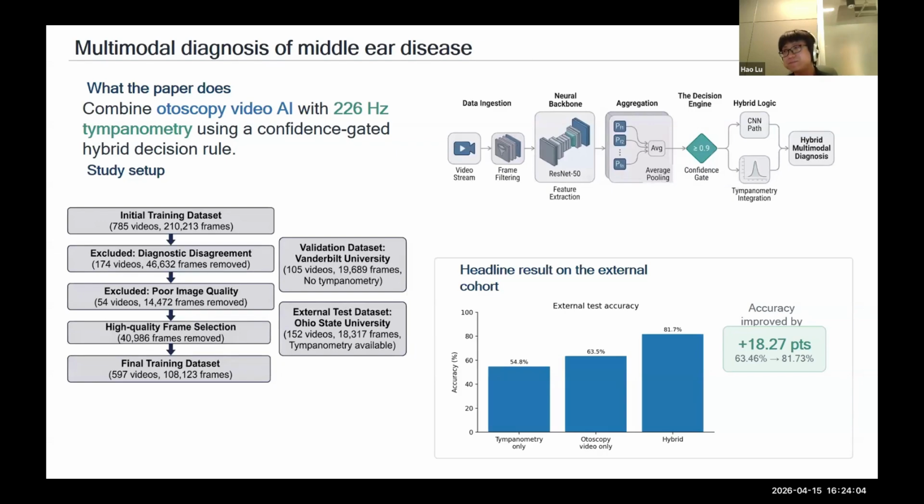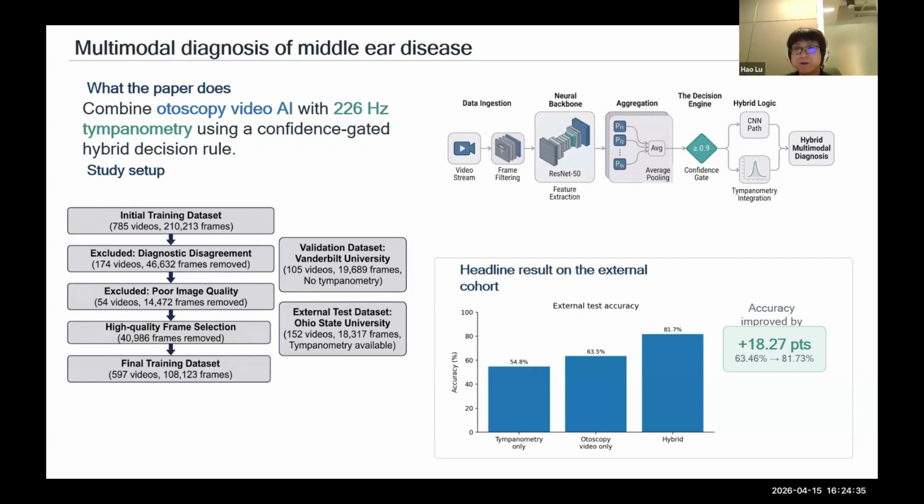This is because the otoscope video is hard to tell the effusion, AOM, and normal cases. However, these 3 cases can be separated very well in tympanometry data. The tympanometry is actually trying to detect whether there is effusion or other infection behind the eardrum.